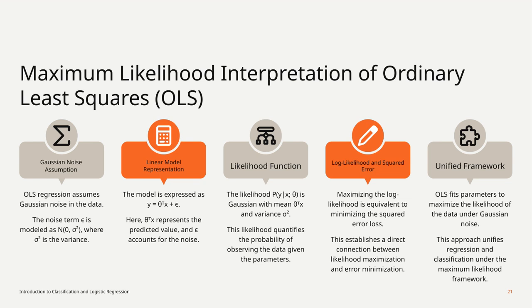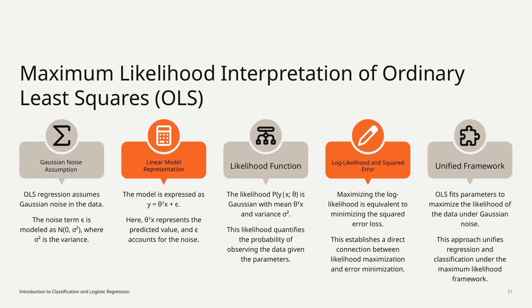Here, theta transpose x is our predicted value, and epsilon captures the randomness or noise in the data. OLS assumes that this noise is Gaussian, specifically modeled as N(0, sigma squared). That means the noise has zero mean and some variance, which reflects the spread or uncertainty in our data points.